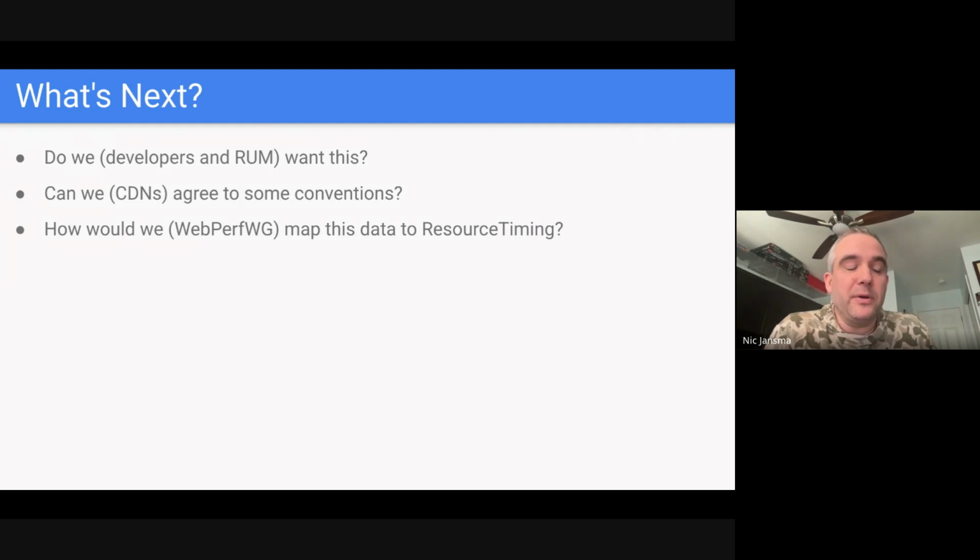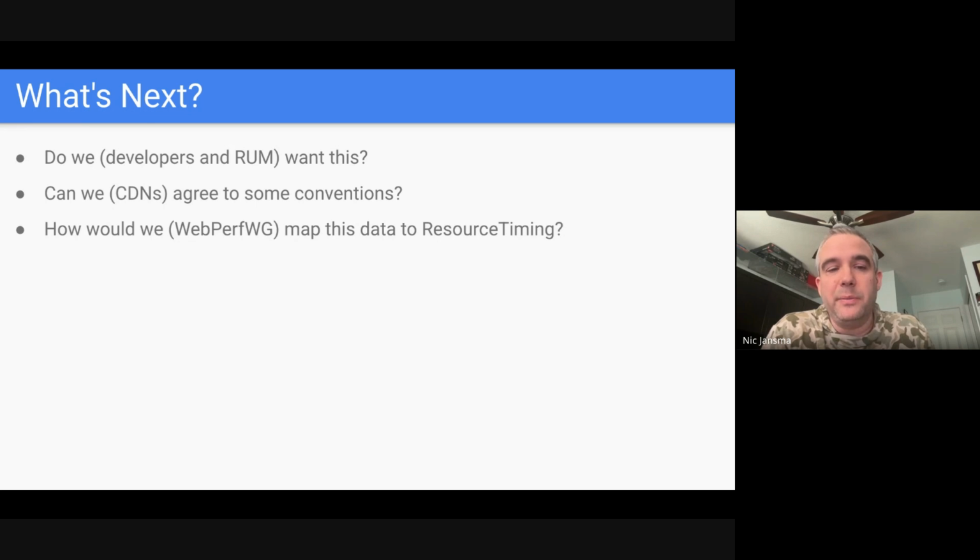Another question is, can we, in a different sense, CDNs, and I think there's at least one or two CDNs represented here today, agree to some sort of convention, maybe forced through the cache status header? Is that interesting to people? We're all emitting similar information today, but with slightly different syntax.